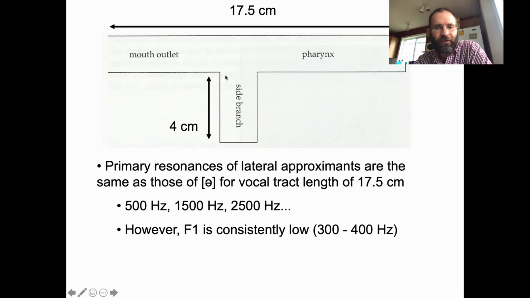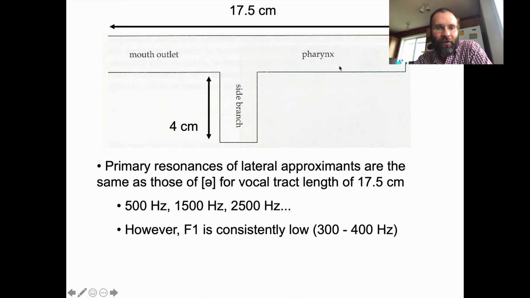This is just a general reckoning of what sort of antiformant frequencies you might expect. You can estimate the length of that closure down the middle of your mouth to be 4 centimeters long, basically from the alveolar ridge back to your uvula, more or less.